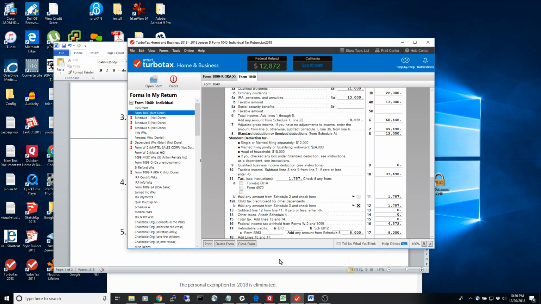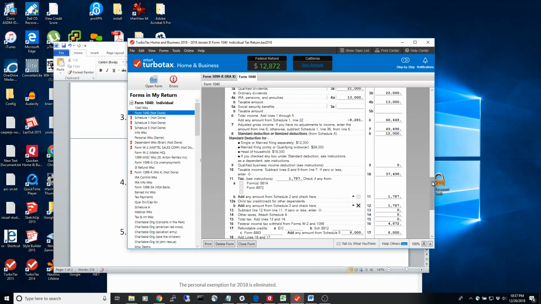What we're going to do in TurboTax is go ahead and load all the information on your tax return. This is 2018 now, and we need to use our paycheck stubs and input everything into the 1040 form.